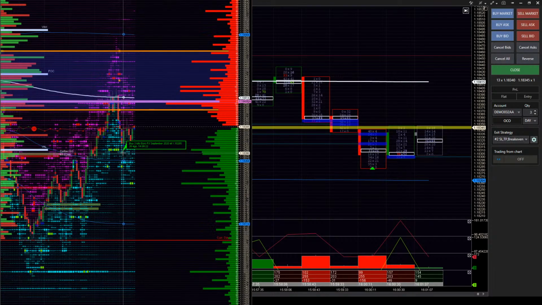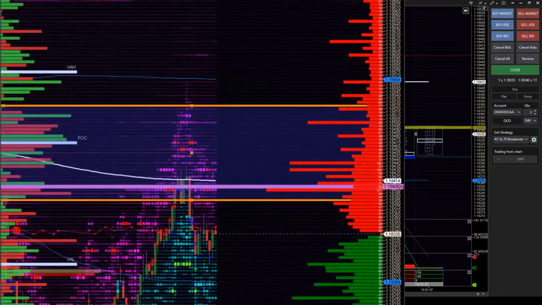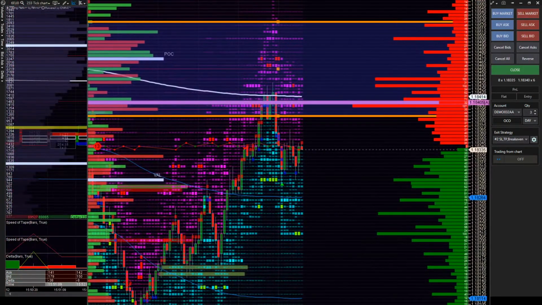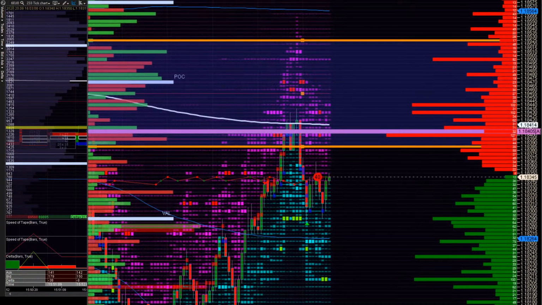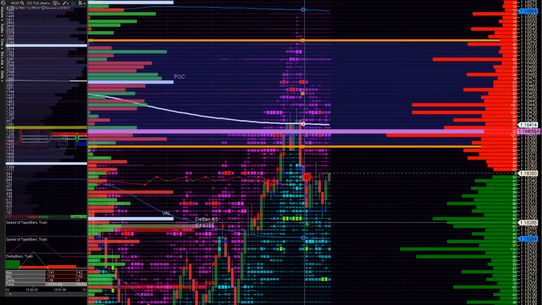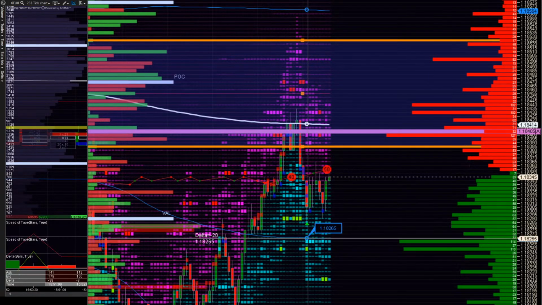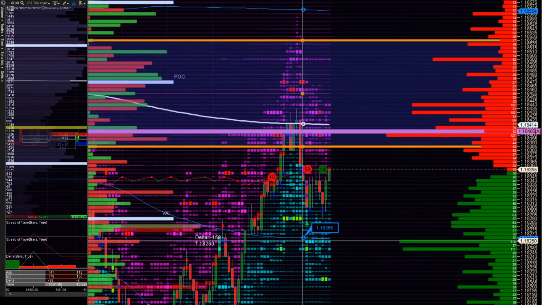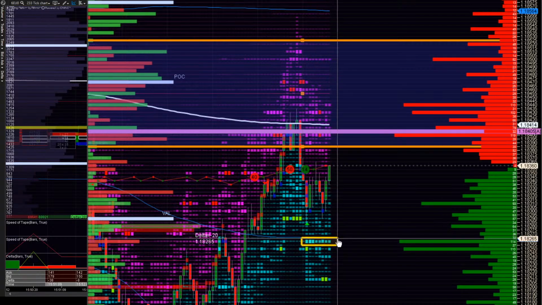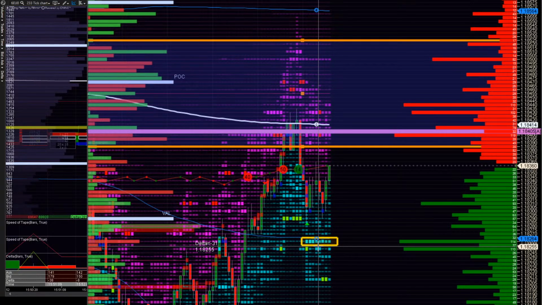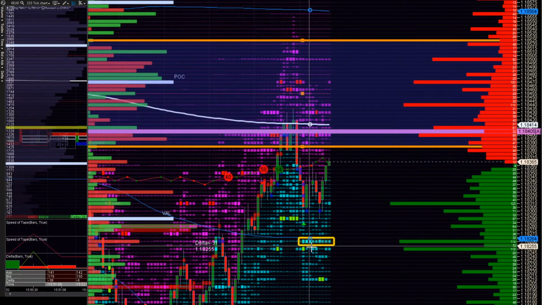Here in this chart, you can see here is our exit. Okay, so you can see it better. Let me just put it a little bit bigger so you can see the chart better. Let me just put it closer to you like this. Okay, as a recap, you can see here our exit. Let me just put a yellow box. Here is the heat map that shows us there was a lot of liquidity here.